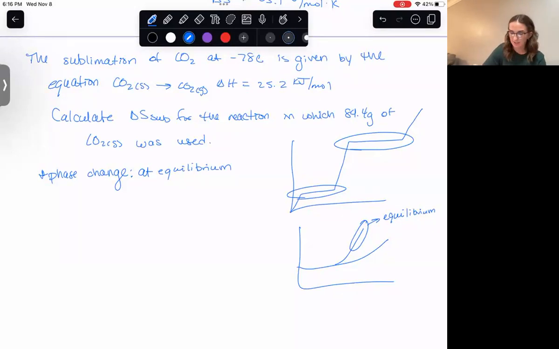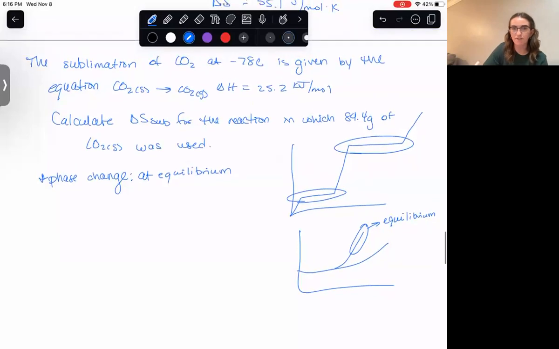Yes, so if we're at equilibrium, we can say that delta G naught of the reaction is equal to negative RT ln of K. Because we know that at equilibrium, we're going to have some sort of K value.